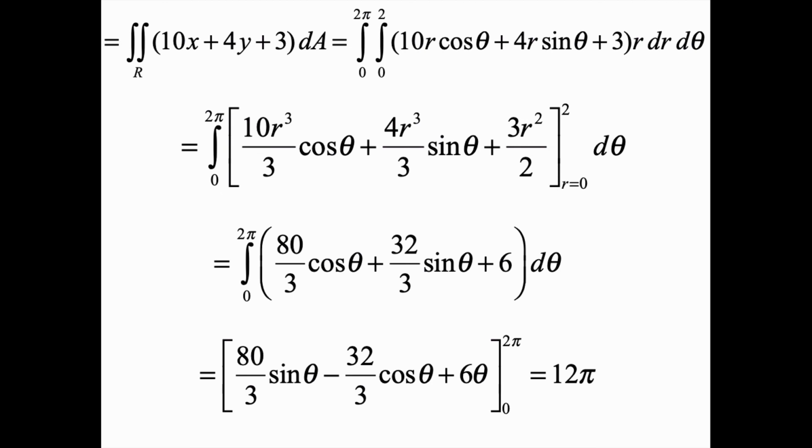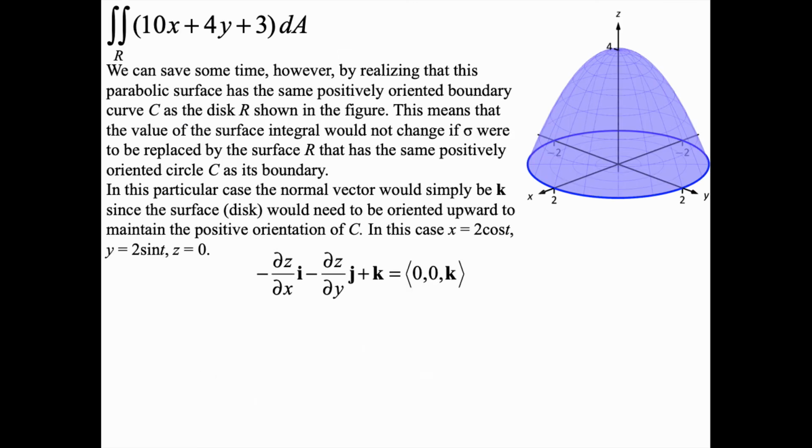But could we have made this connection another way and avoid some of this work? We could have saved ourselves a lot of time if we realized that this parabolic surface has the same positively oriented boundary curve C as the disk shown in this figure. Isn't a disk in the xy plane also a surface?